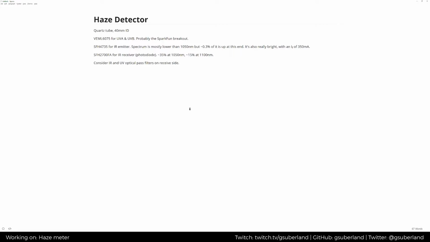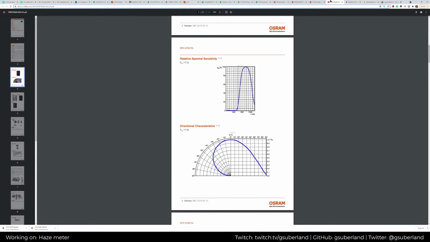There shouldn't be any stray light, but obviously there has to be a path to the outside to get the air through, and a complex labyrinth maze for that seems like effort. So yeah, IR and UV optical pass filters on the receive side. I'll cost this up because I suspect that could get quite expensive, and I don't want to pay a silly amount of money for that.